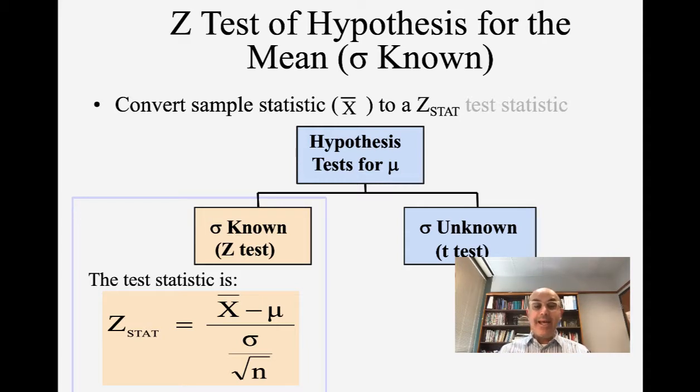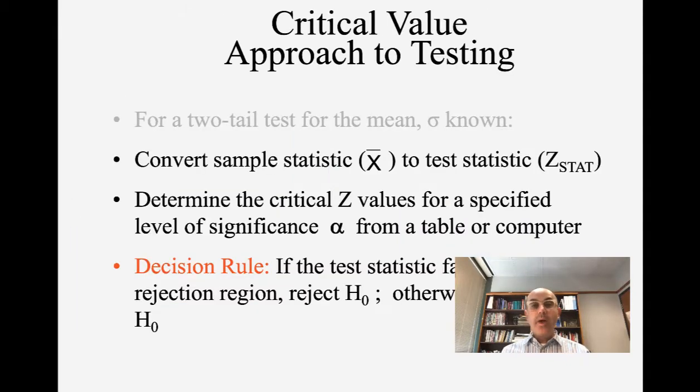The idea here is that Z is equal to X hat minus mu divided by sigma over the square root of n, and by doing that we are able to convert the X hat to calculate the Z score for the Z test, in order to determine if it is acceptable or not.